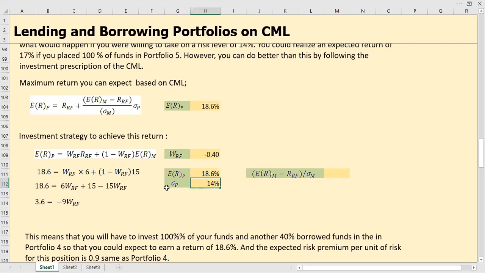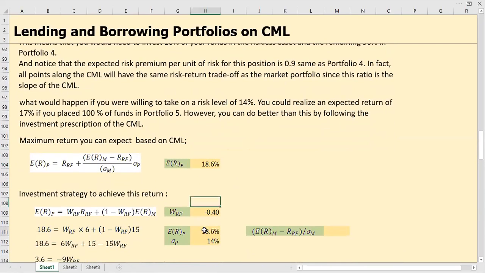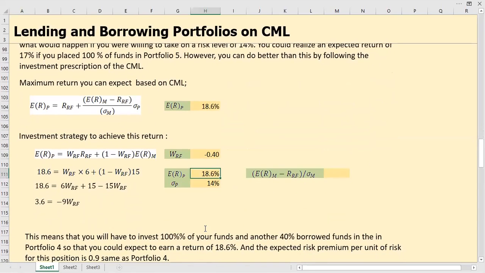So you get the same answer, 18.6. So that means the combination is that you are going to invest 140% of your money on the market. On the risk-free asset, you are going to invest negative 40%. So this is the strategy.